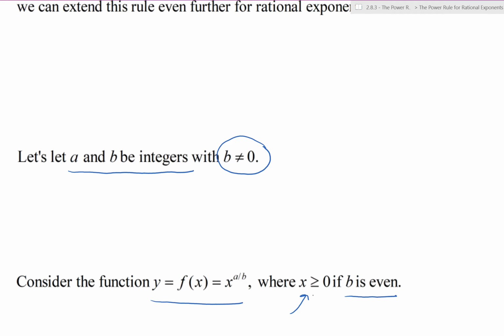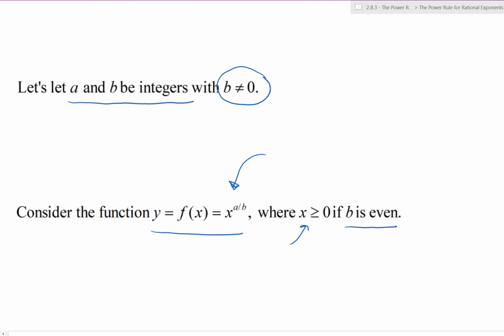What we have is a power function to the power of a rational number. a divided by b is rational, just meaning it's a ratio of two integers: fractions with strictly whole numbers in the numerator and denominator, a and b, positive or negative, and b is non-zero.